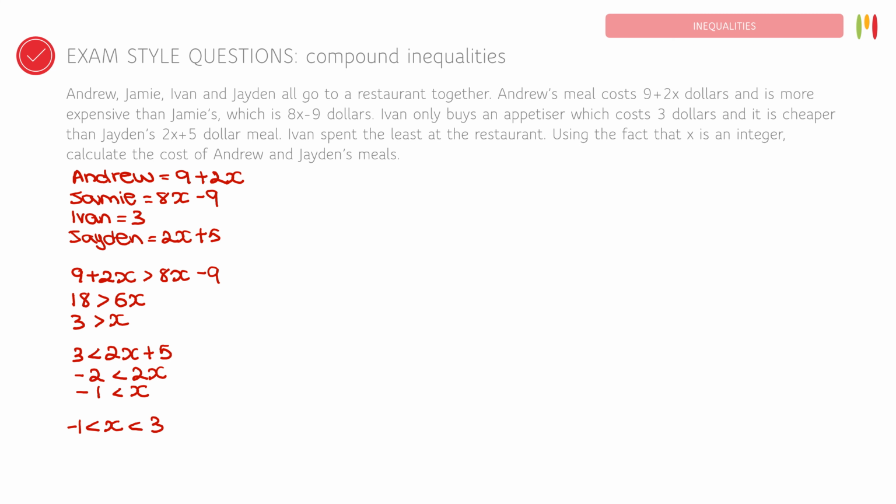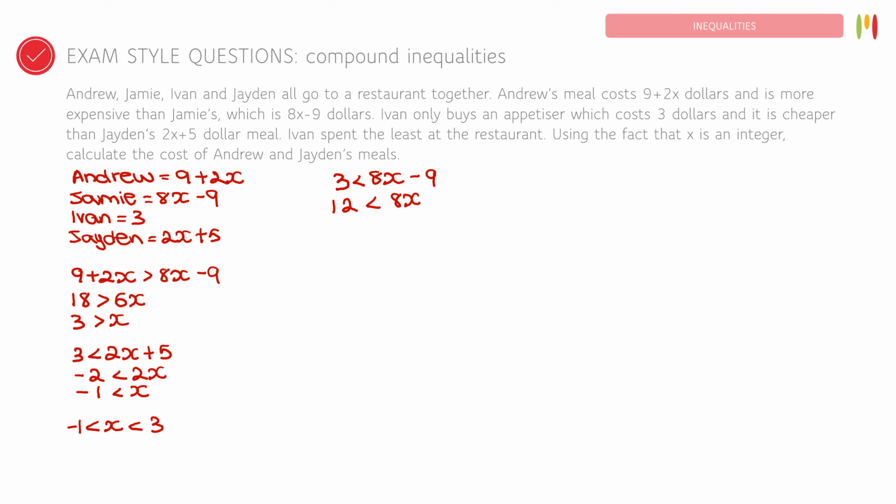We also know that Ivan spent the least. So although Jamie spent less than Andrew, he spent more than Ivan. Therefore 3 is less than 8x minus 9. Let's solve this inequality. So we have 12 is less than 8x.